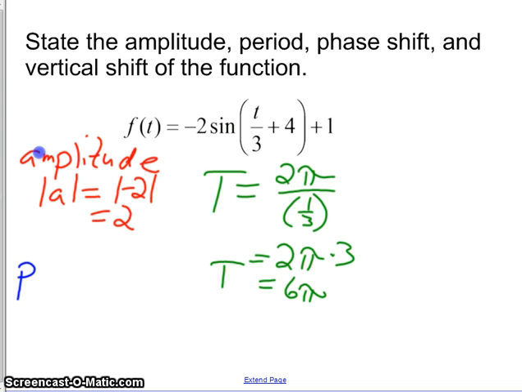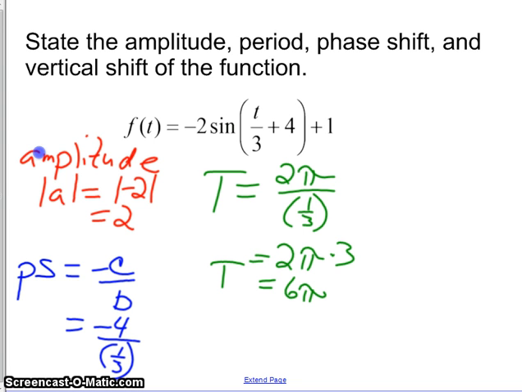Phase shift or horizontal shift. Phase shift and horizontal shift are the same thing when it comes to periodic functions. It's negative C over B. So that would be -4 over 1/3.